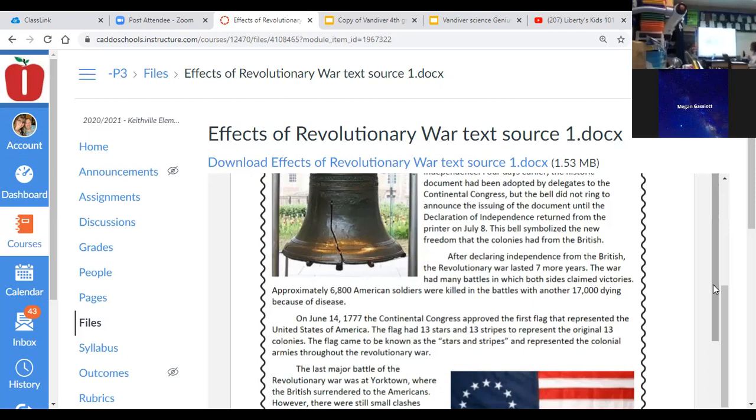Okay, so when they said 17,000 people died because of disease, I actually was reading about this. They had a pandemic of sorts go through during the Revolutionary War, something that was far more fatal than what we have going on now.